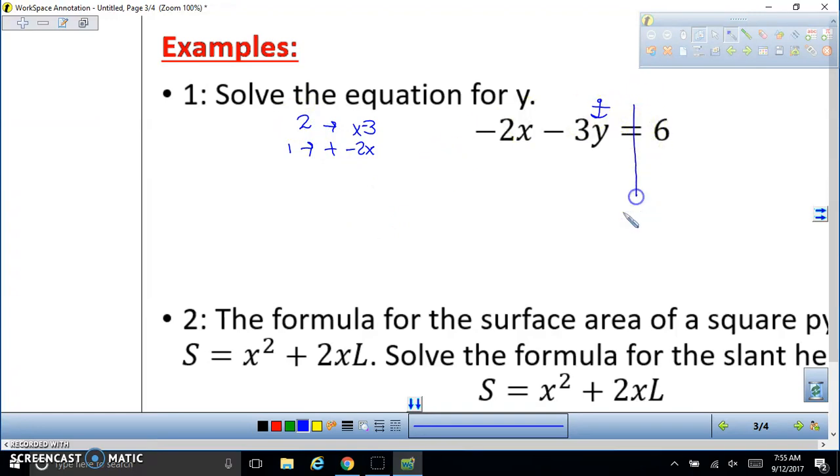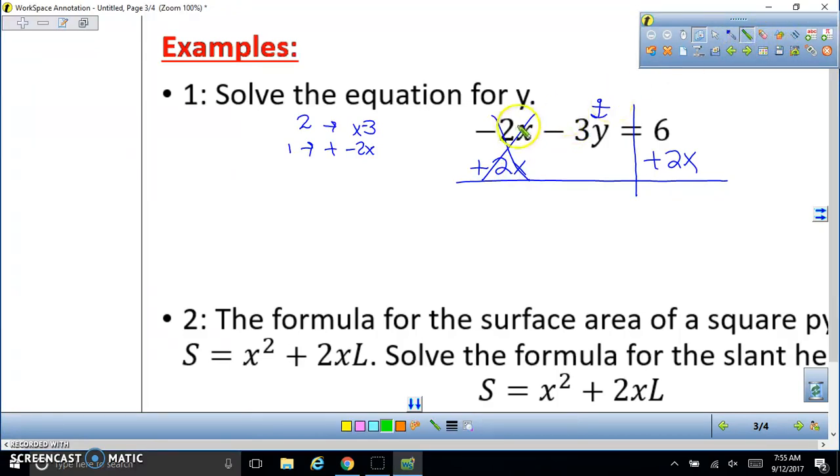Here's your sides. First, undo addition and subtraction. How are we going to undo this negative 2x? We're going to add 2x. Be paying close attention. Here are your like terms. Let me go through with that highlighter I've been talking about. This negative 2x, nothing else has an x.